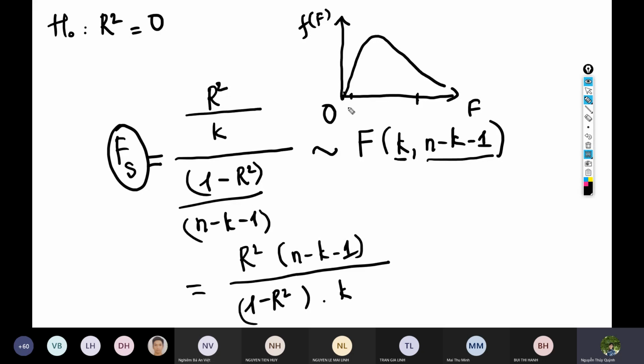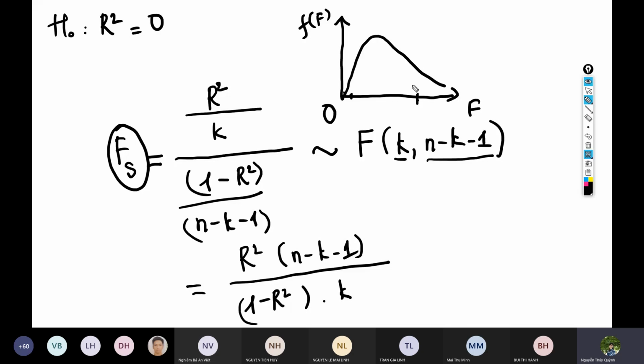So the observed value of F must be very different from zero, staying away from zero. How far from zero must the observed value of F be so that we can reject the null hypothesis?